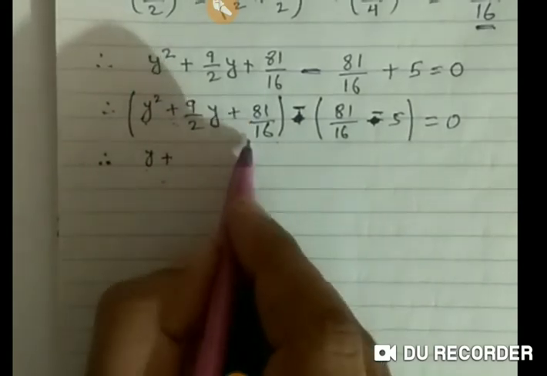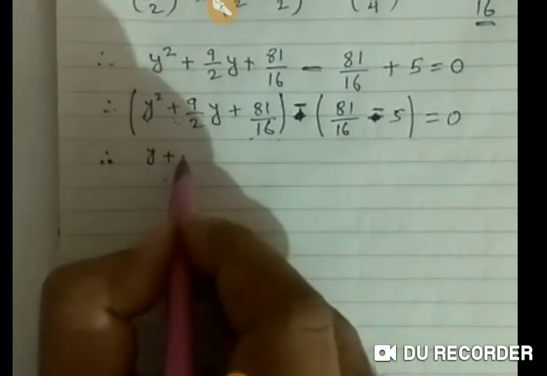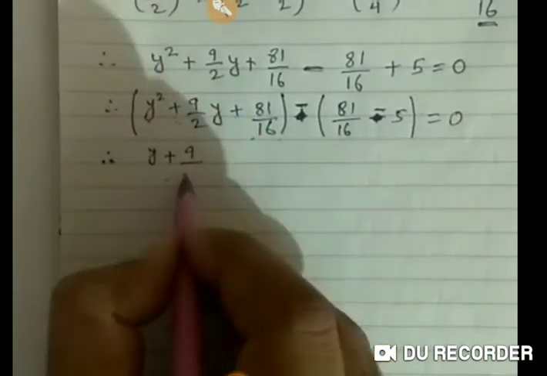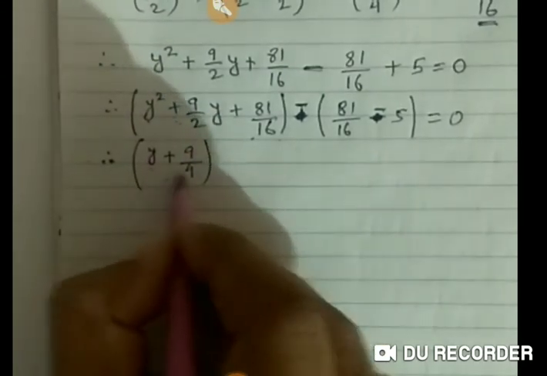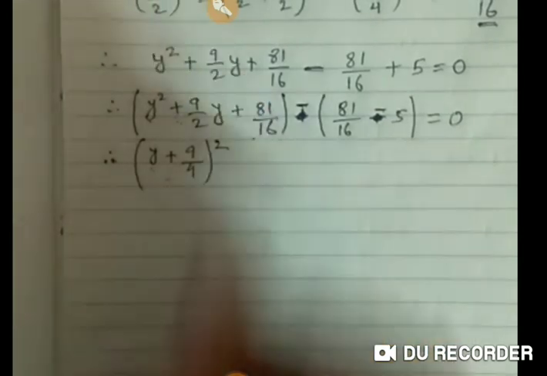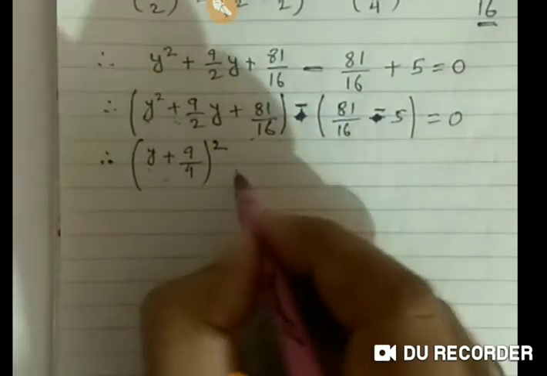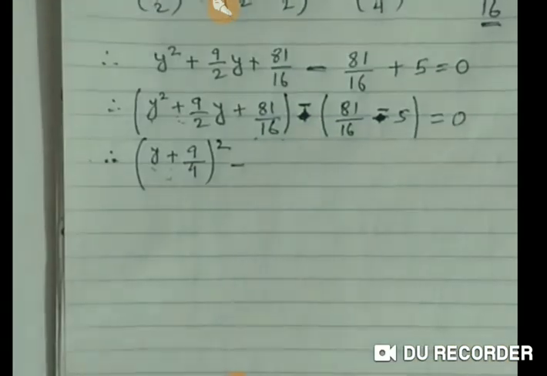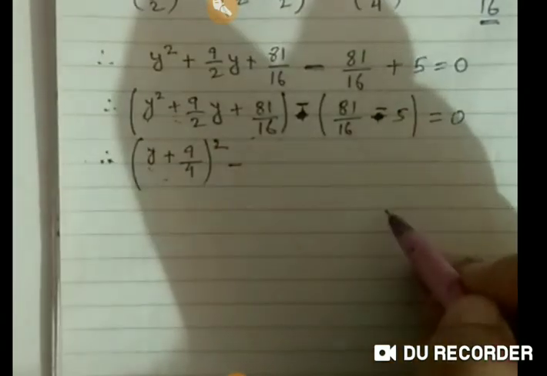This 81 upon 16. What is the square root of 81? 9. And square root of 16? 4. So it looks like a plus b the whole square. Now here we have a minus sign, so I'll take minus 81 upon 16 minus 5.